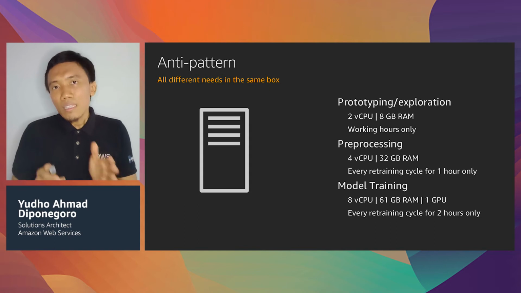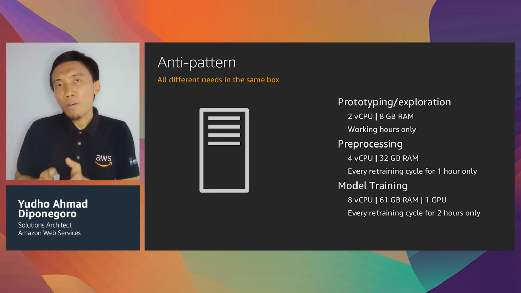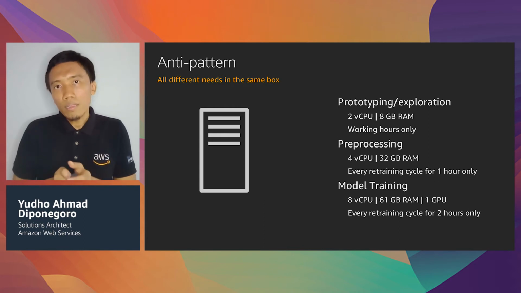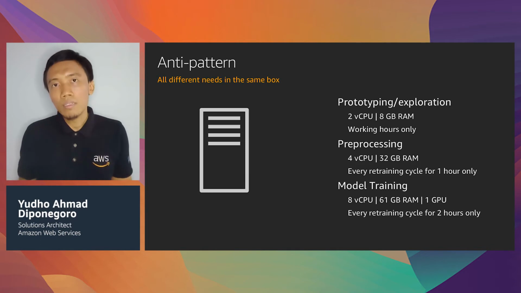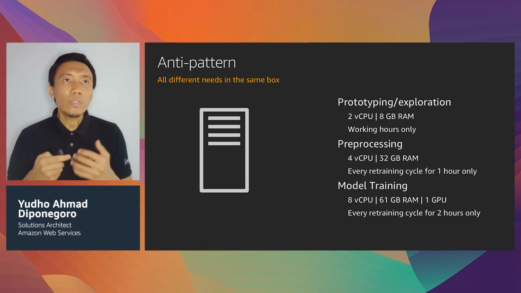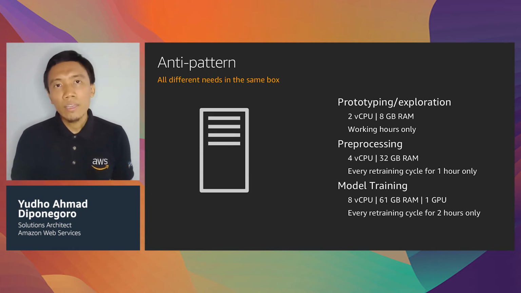But now the data processing probably only happens for 1 hour during a day, while your instance is probably left running during working hours or even all the time, 24/7. And then as you need to do model training, you realize that, hey, I need GPU. I need to resize my instance into one that supports GPU, for example, NVIDIA Tesla V100 that is supported on AWS.